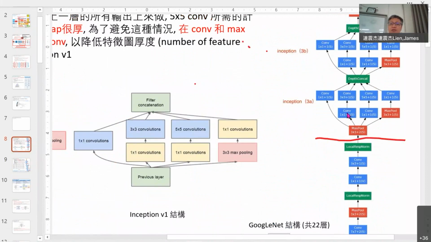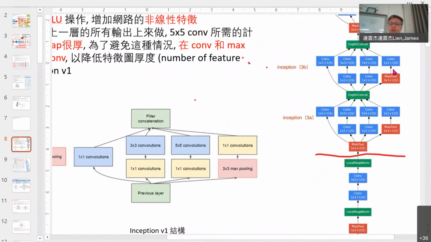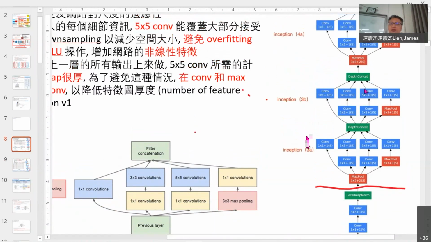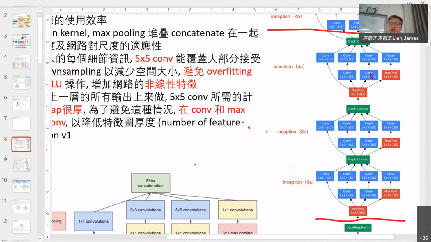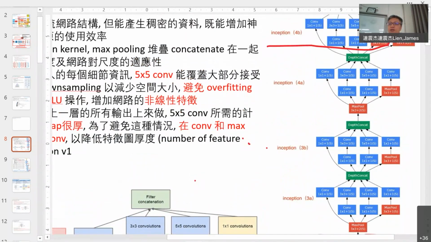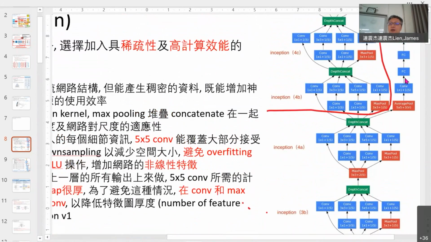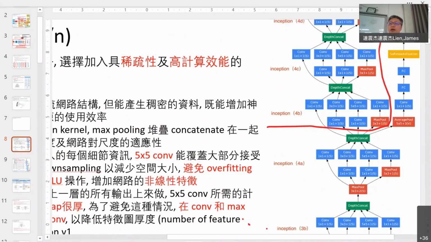Up to here is inception 1, inception 2, so A, B, and then inception 3, and then output to here, fully connected, and softmax, and it gets a result.